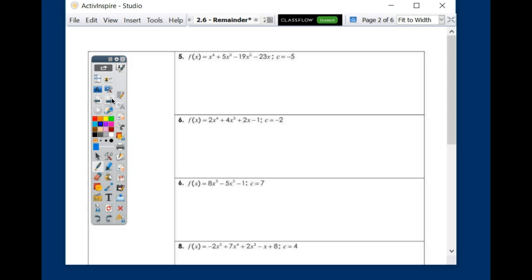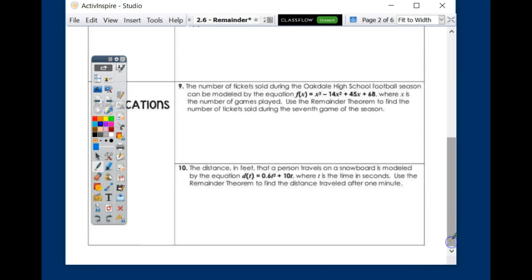Okay, so I want to do the last 2 with you because this is where we use synthetic division the most, and it's the word problems. The number of tickets sold during the Oakdale High School football season can be modeled by the equation x cubed minus 14x squared plus 45x plus 68, where x is the number of games played.